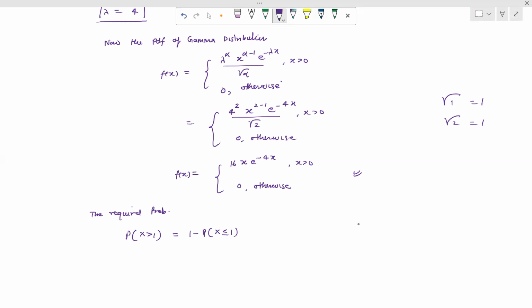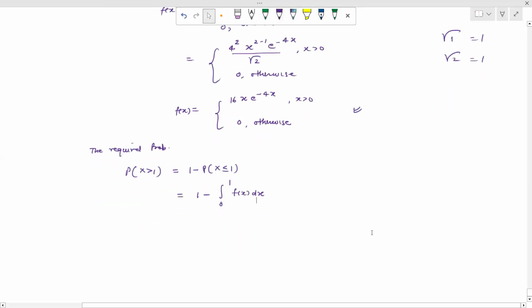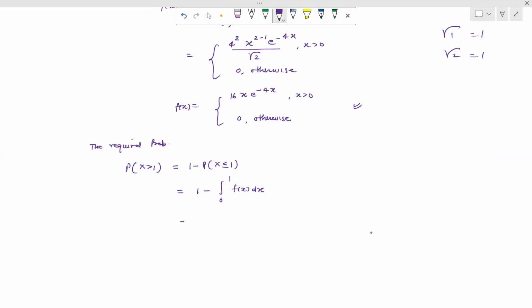Okay, so this is a property. So we calculate this as 1 minus probability x less than or equal to 1. Less than or equal to 1 means x is positive, so the integration limit will be 0 to 1, of the function f(x) dx. So f(x) from 0 to 1 is 16 x e raised to the power minus 4x dx.